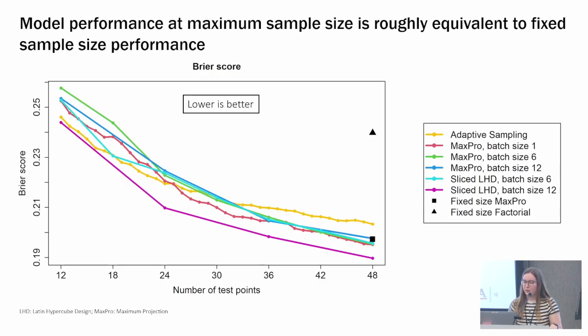Overall, using sequential design is a good thing because it decreases the probability that we will waste resources. And when we are doing sequential design, we want to make sure that we still have good designs at every step of the sequential design process. When I did a literature review of these existing sequential space filling designs, we found 3 that matched the criterion we set, which were the maximum projection design, the slice Latin hypercube design, and adaptive sampling.